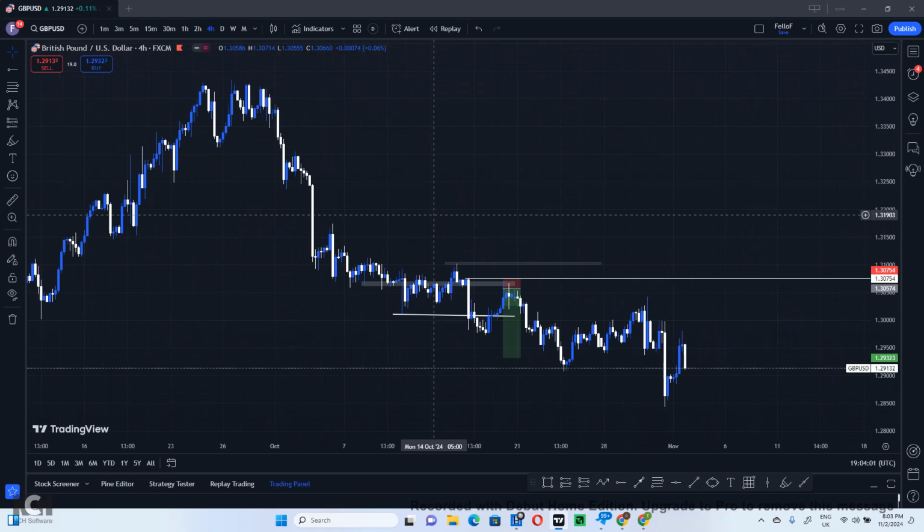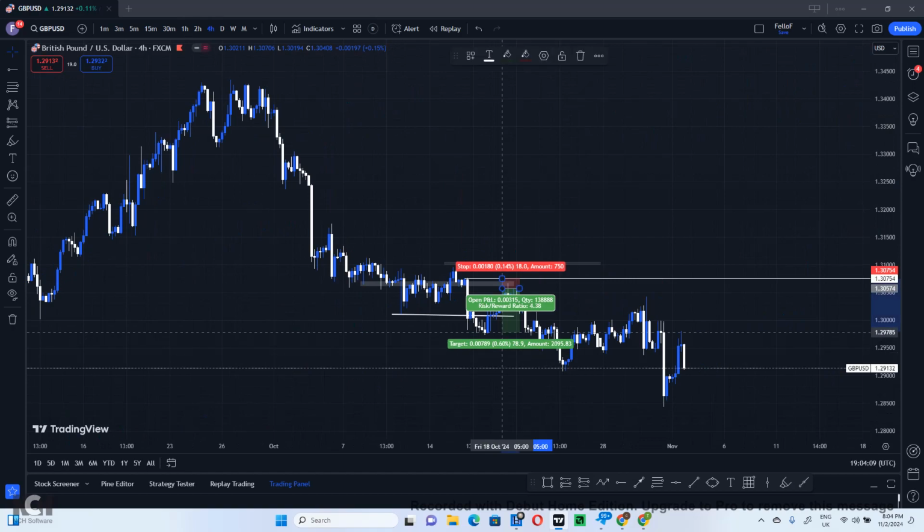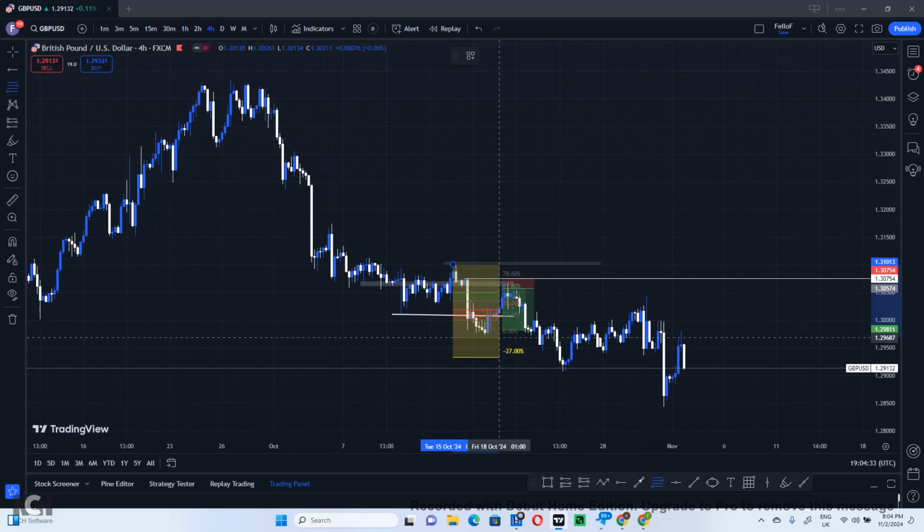Since we are in a downtrend, I wouldn't want to go too far with my TP. I can just take a clean 1:4 to the last structure. I can take it to this point, to the last structural low. Or if I want to follow my Fib extension, what I do is I take my Fibonacci from the previous high to the most recent low, and my TP will be at my 27 extension.